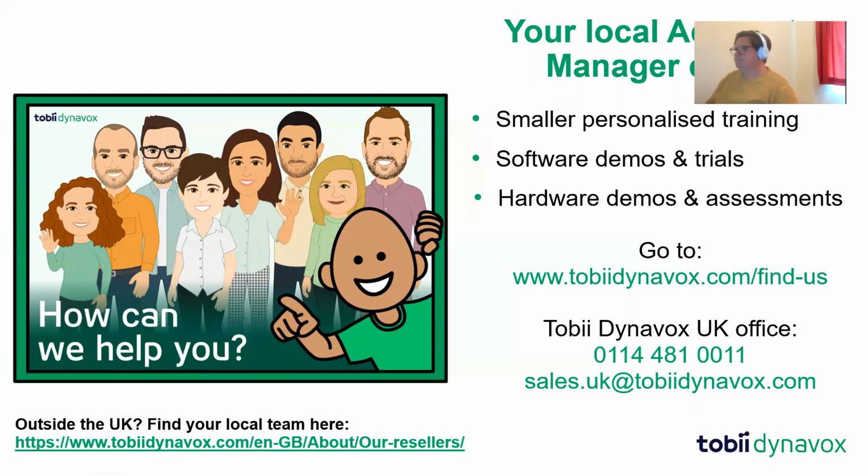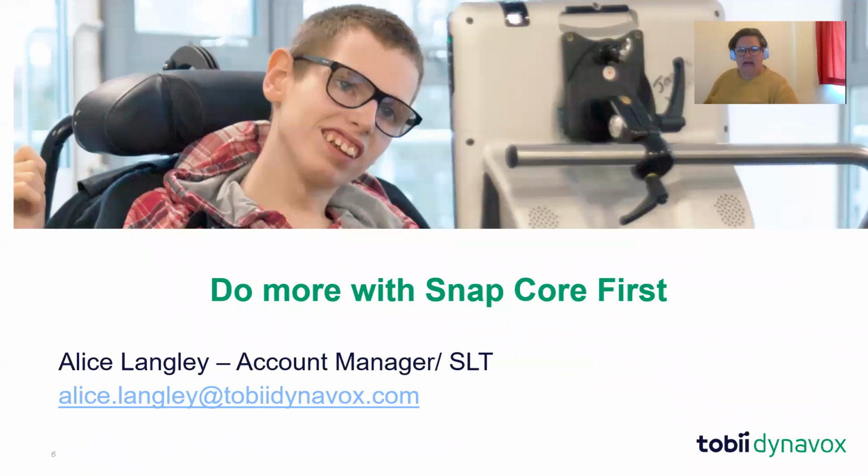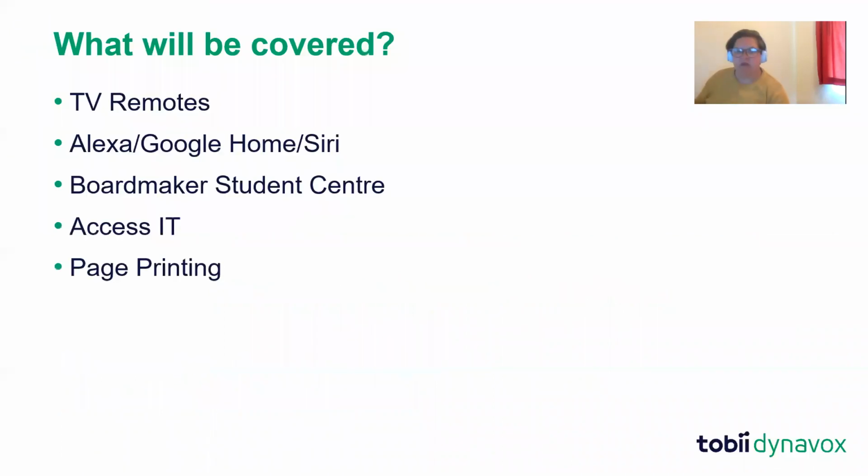Today we're going to have a look at some other features within Snap that go a little bit beyond traditional communicating, and will hopefully give you an idea of other things that your learners, or anybody you're working with or interacting with, can do with their communication software.